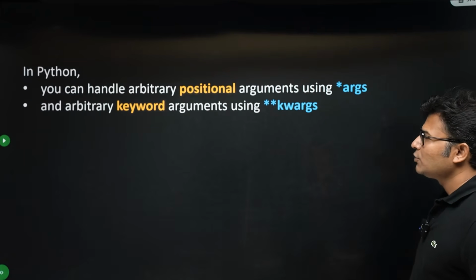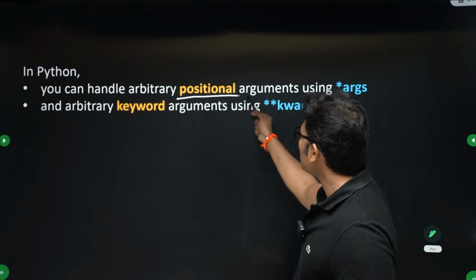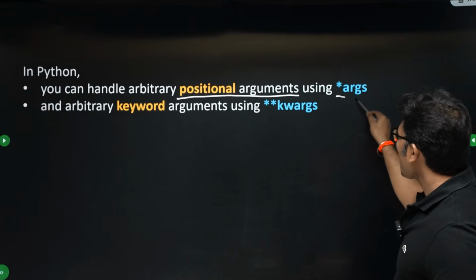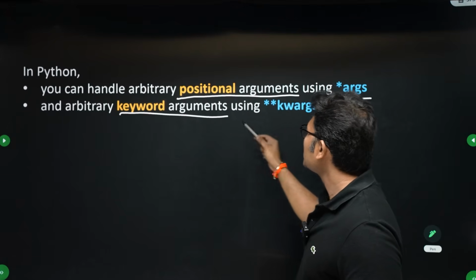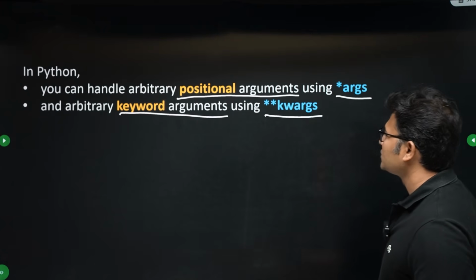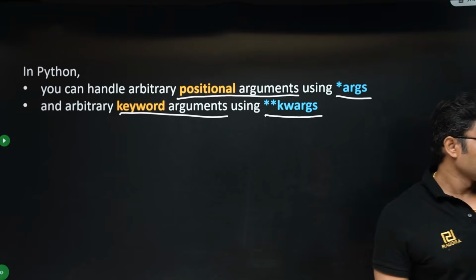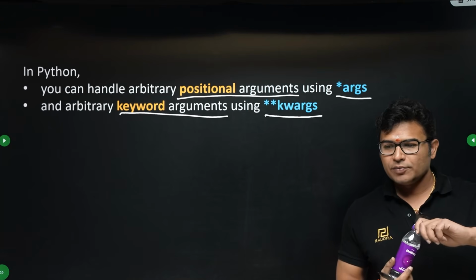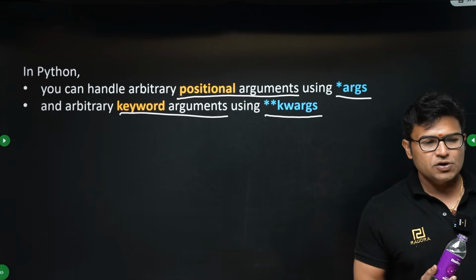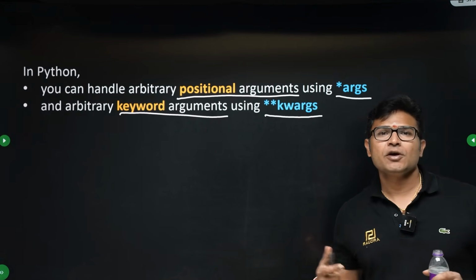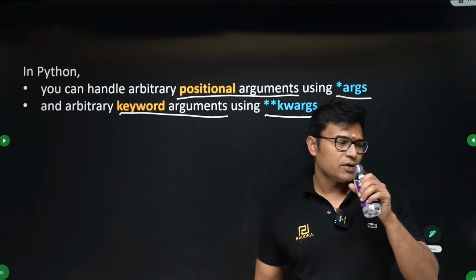So in Python you have two types of arbitrary arguments. One is arbitrary positional arguments using star args, and the other is arbitrary keyword arguments using star kwargs. kwargs means keyword args. So you can handle an arbitrary number of arguments in two ways: one is by using star args, which will take positional arguments, and the other is using star kwargs, which will take keyword arguments.